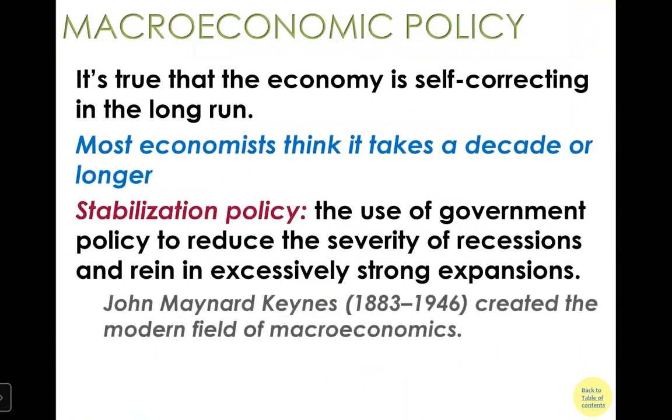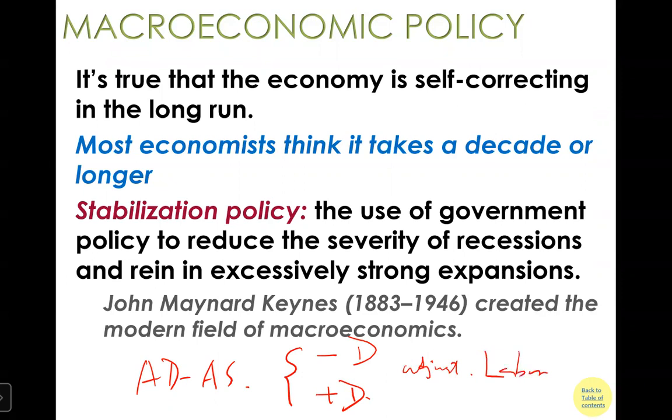All right, so to summarize what we learned. We use this AD-AS model. We look at two possible shocks: negative demand, positive demand. In either case, the economy is going to adjust largely through the labor market, through wages, that eventually is going to restore long run equilibrium.